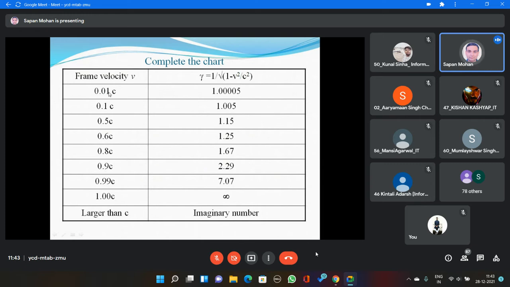If we increase the frame velocity, 0.01, 0.1, 0.5, 0.6, approaching c, v equal to c over here, the value is 1 point something, always greater than 1, and when it is equal to c, it is infinity. Larger than c, it is imaginary. The same graph which I have already explained to you is represented by this data table.